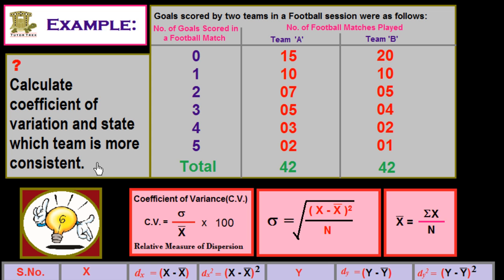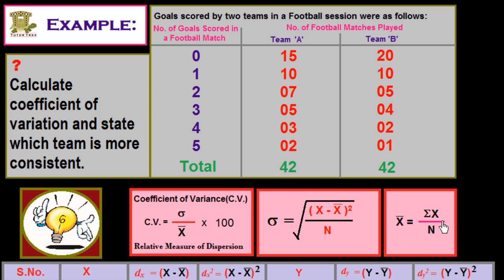For this, look at this. The coefficient of variation CV is equal to sigma over x bar into 100, and sigma is equal to the square root of the sum of (x minus x bar) whole square over n. Here x bar is equal to summation of x over n.